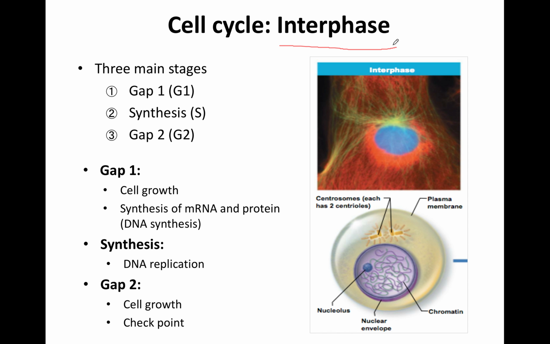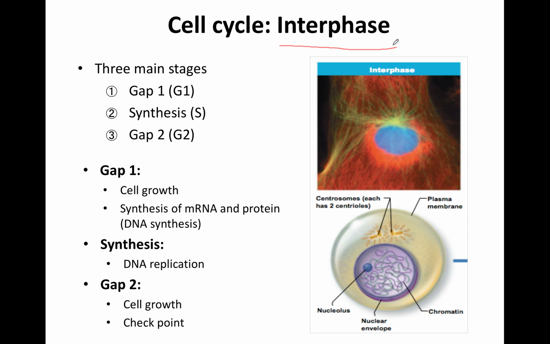It produces new proteins, new mRNA, and it's getting ready to duplicate its genetic information so it can spread it between two cells. So gap 1 is a step that is preparing for the process of DNA duplication. During S phase or synthesis, your DNA is being replicated.